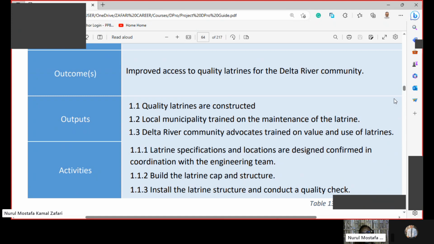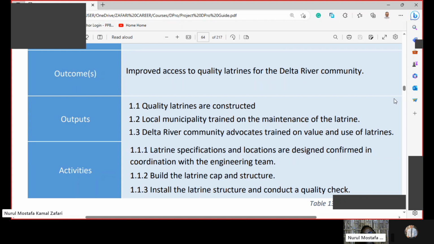If these three activities are conducted: activity 1.1.1, latrine specification and locations are designed and confirmed in coordination with the engineering team; activity 2, build the latrine cap structure; activity 3, install the latrine structure and conduct a quality check. So these three activities are part of output 1.1, meaning quality latrines are constructed.